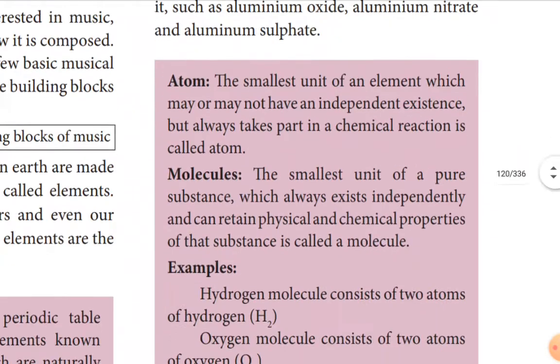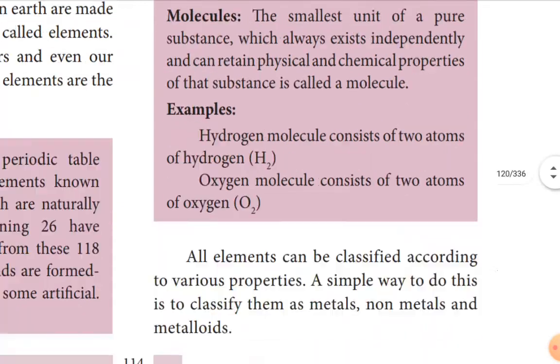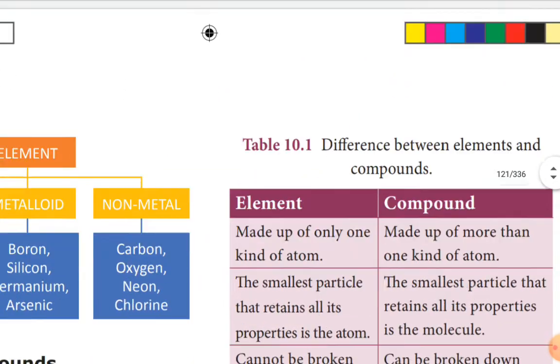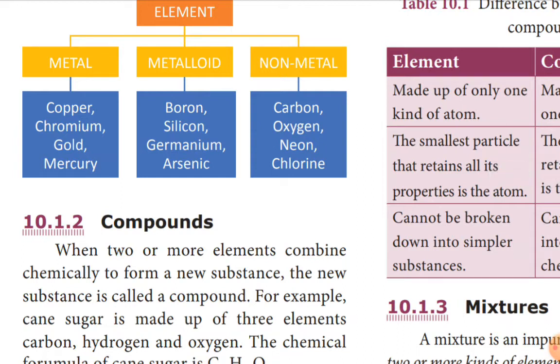But molecules are the smallest unit that can exist freely in nature and retain physical and chemical properties. Elements are further classified into 3 types: metal, metalloid and non-metal. Metal, for example, copper, chromium. Metalloid: boron, silicon. Non-metal: carbon, oxygen, neon.